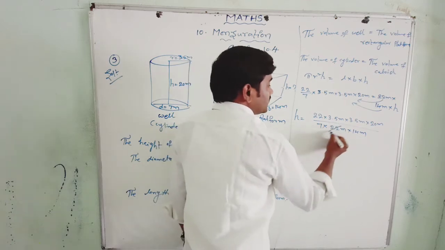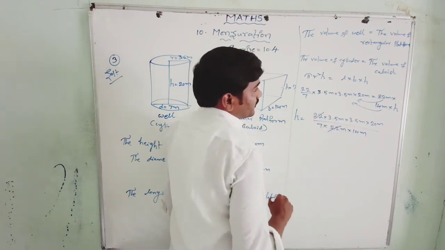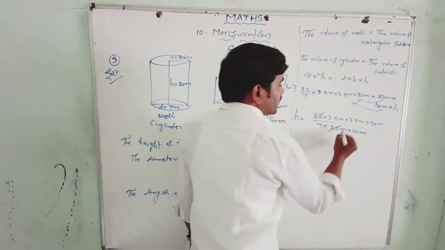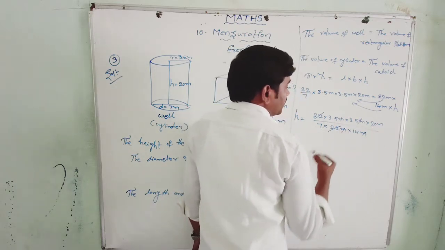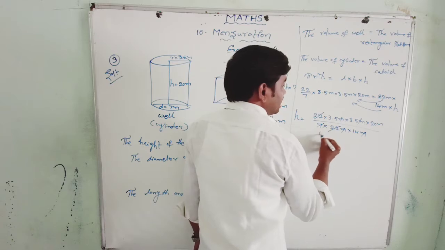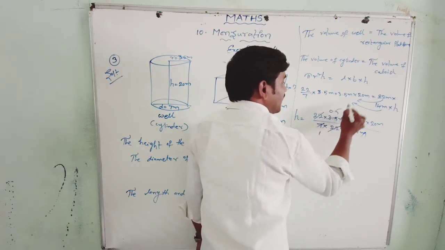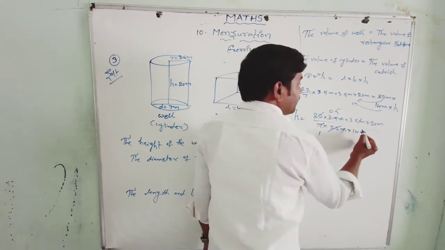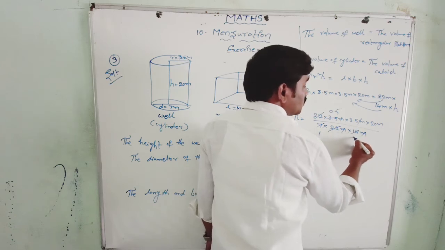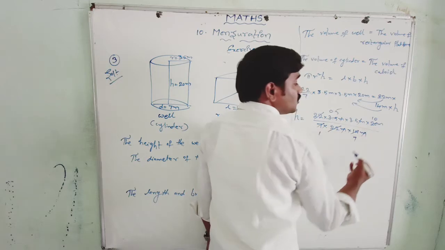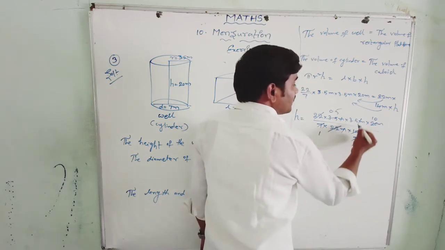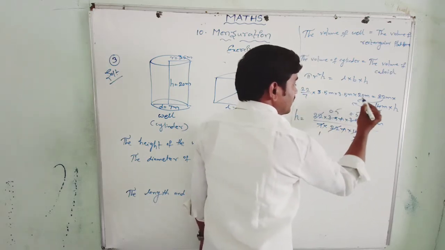See here, this 22 will get cancelled. Yes, this meters get cancelled here. Then 7 ones are 7, 0.5s are, and here 2 7s are 14, 2 10s are 20, 7 ones are 7, 0.5s are.